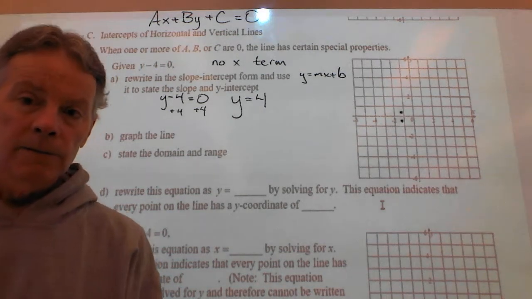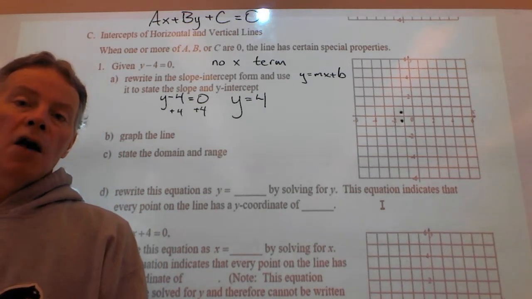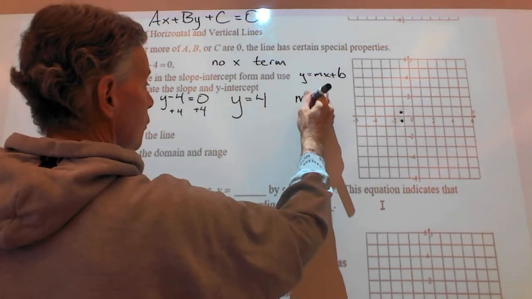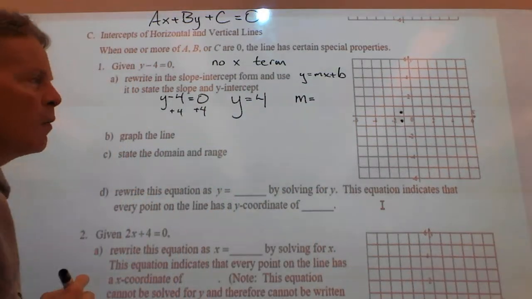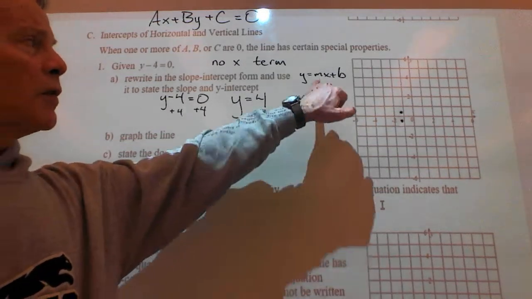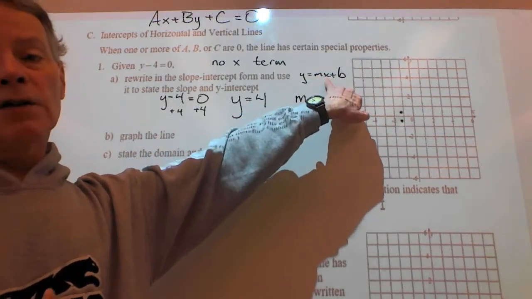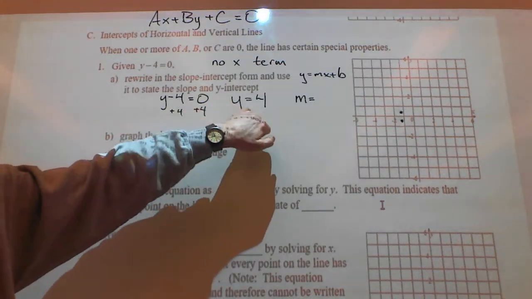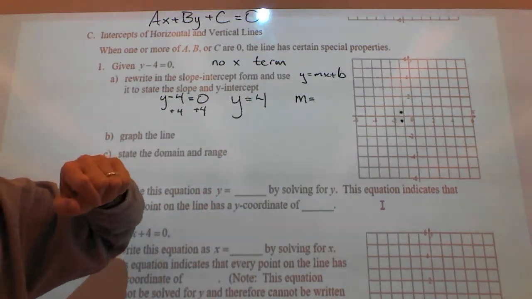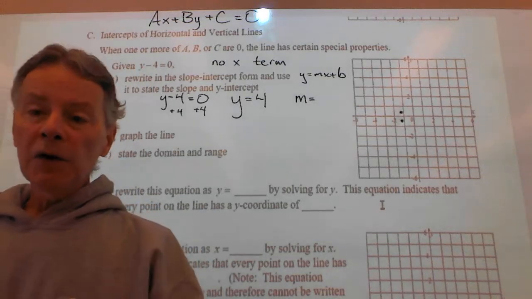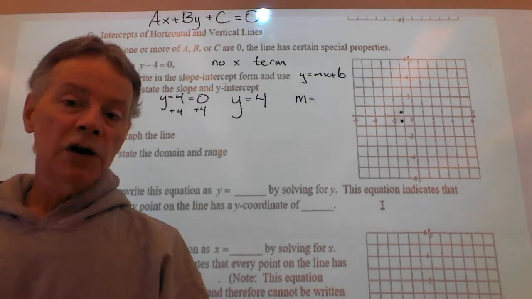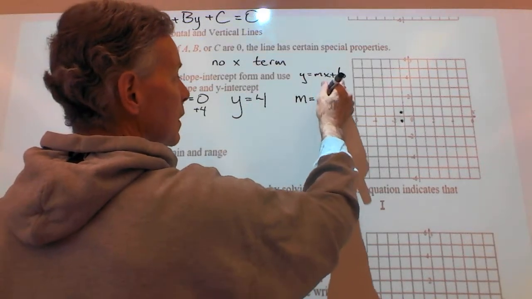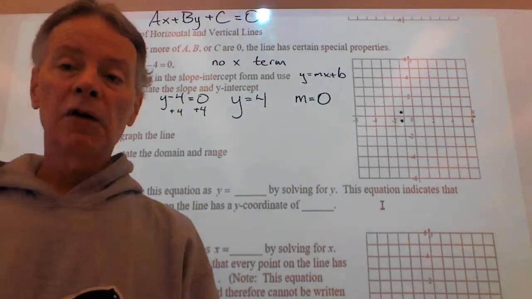Now, your first question when you try to figure out what the slope is, well, wait a minute. The slope is supposed to be the number that's attached to my x variable. Well, this one doesn't have an x variable. Okay? If you come up with an equation like that, where there's no x variable, that simply means you have no slope.